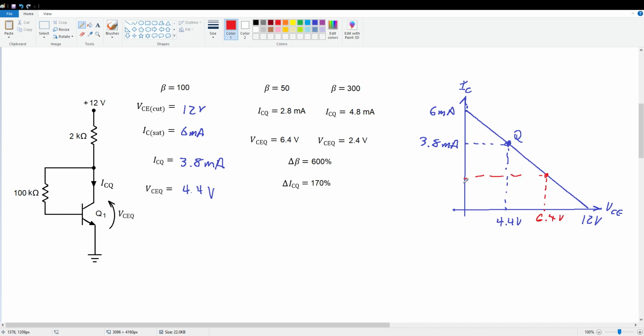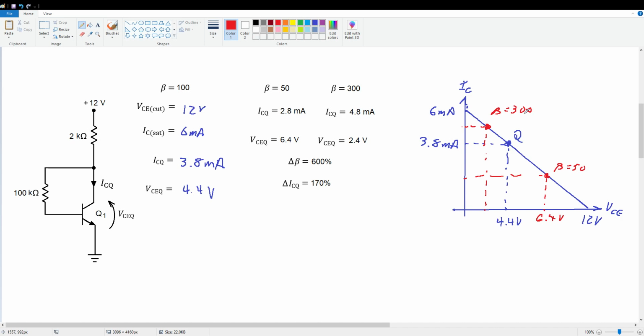And if we had a beta of 300, we get 4.8 milliamps with VCE of 2.4 volts, so that's about here. So this is beta equals 50, and this is beta equals 300.